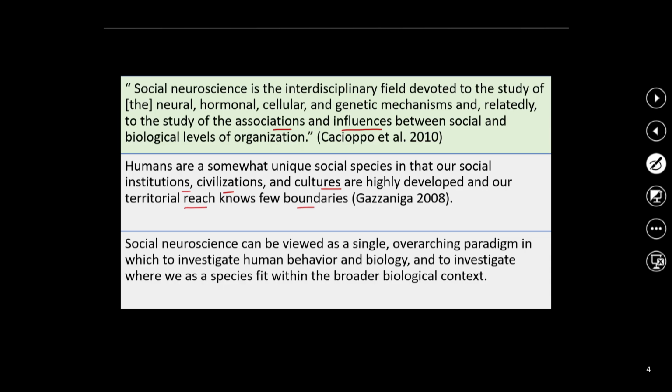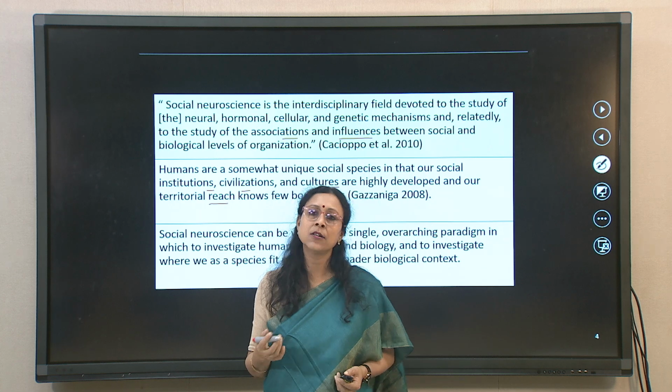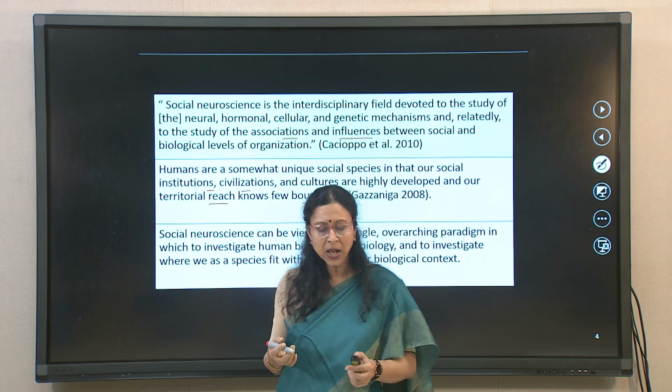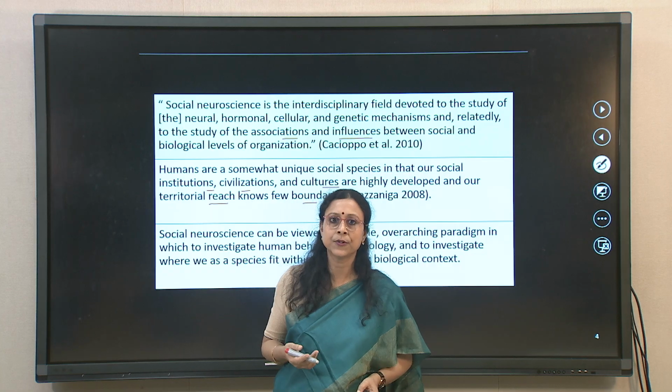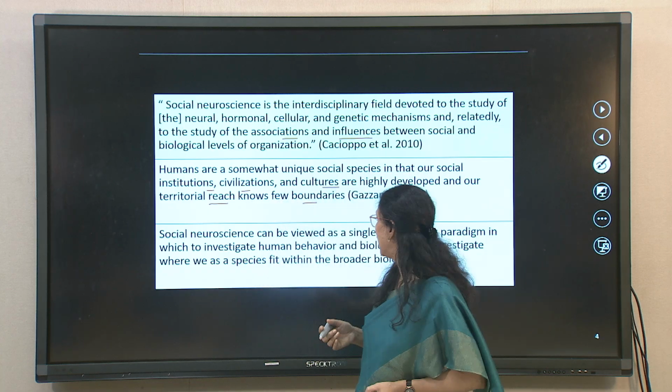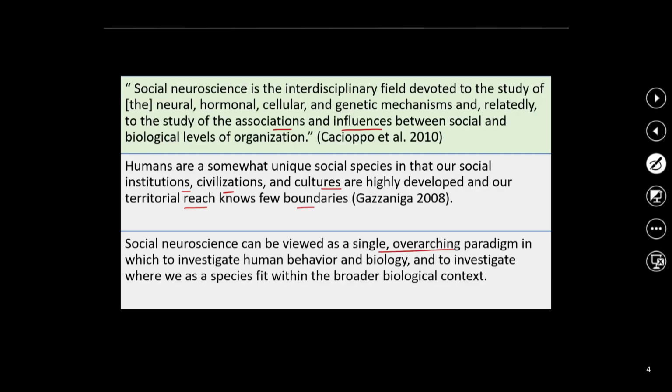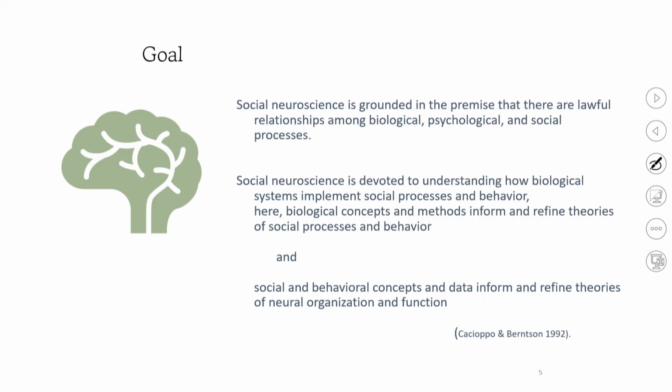While we are a complex group of social beings, our brain also works in a very complex manner, and in order to understand the mechanism properly, we need to look at both the social and the neural and cognitive. So, social neuroscience can be viewed as a single overarching paradigm in which to investigate human behavior and biology and to investigate where we as a species fit within the broader biological context. Only then will we know the entire paradigm.